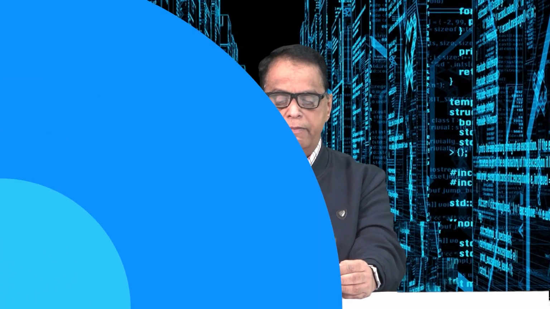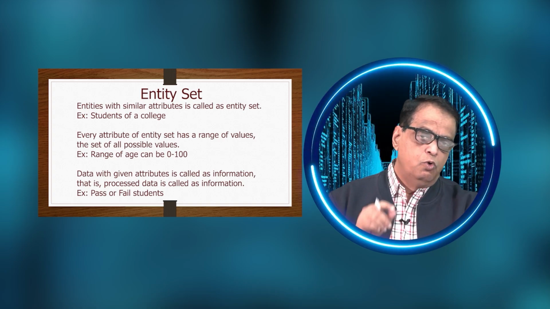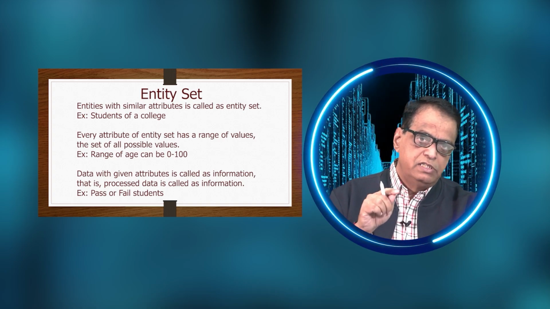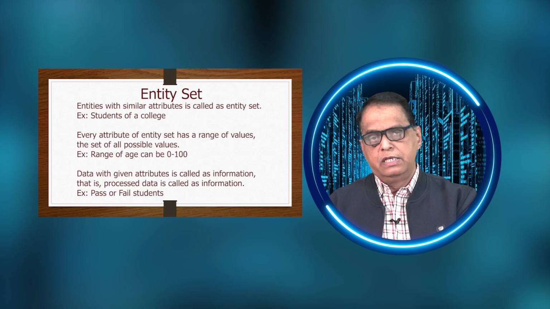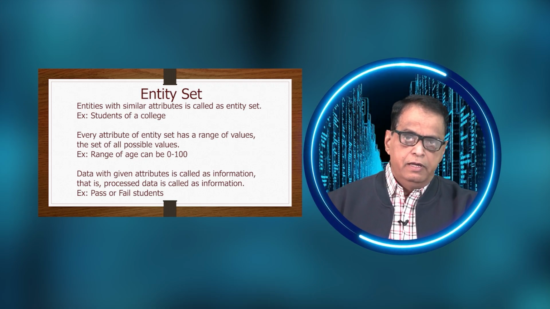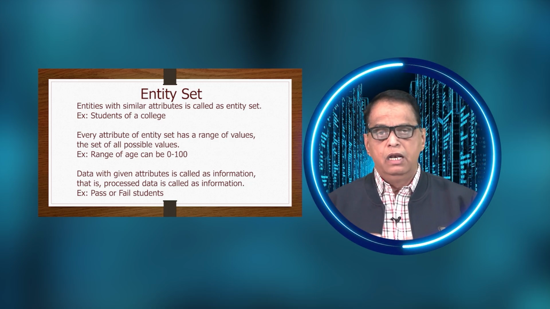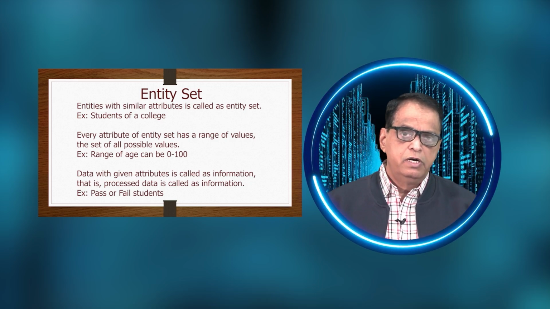There are certain terms associated with the entity, called an entity set. Entities are those data elements that have similar attributes. Say for example, there is one student in a college, and you will find that there are a number of students in a college. So there is a group of students in a college.